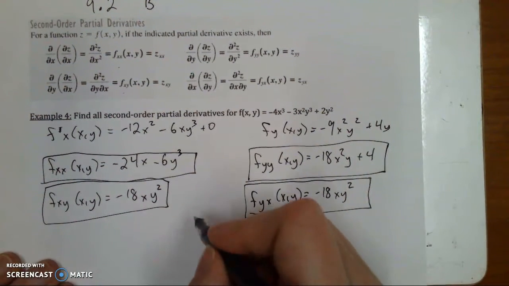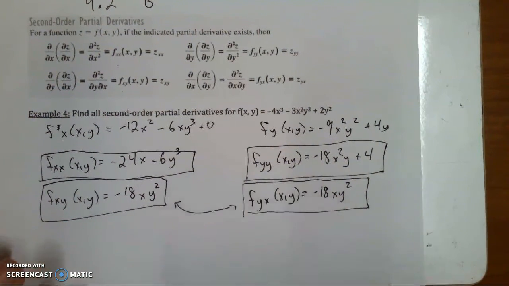And I'd like to notice something real quick here. For this particular problem, fxy and fyx, I ended up getting the exact same thing. All right, so there is my first example where I found my first order partials and then all of my second order partials.